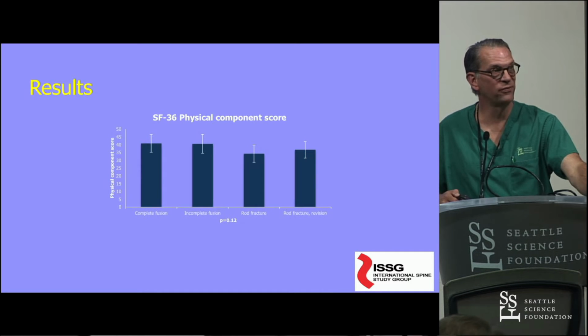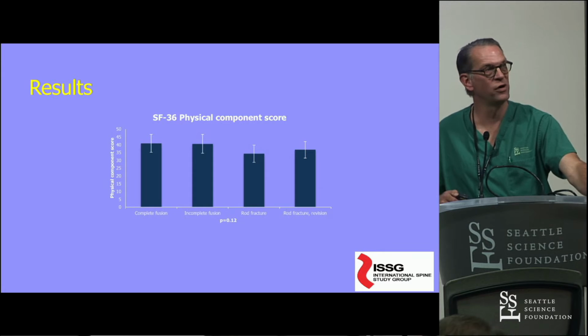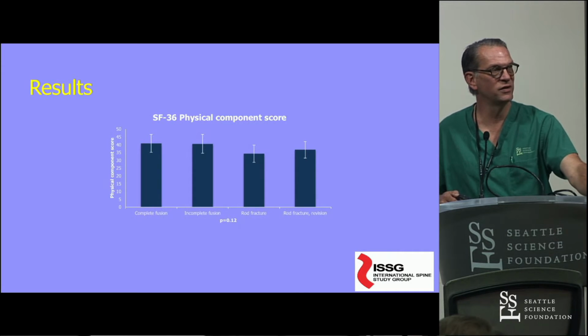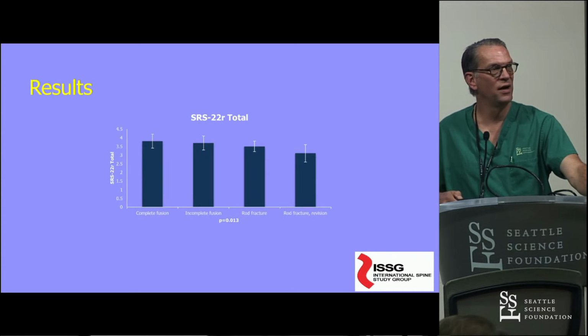Similarly with SF36, the margin of difference for statistical significance, or for minimally clinically important difference, is much lower for the SF36 physical scale than for ODI. These did have some of the same patterns of statistical significance, not quite reaching statistical significance, but a clear trend. And the SRS instrument, similarly, this is statistically significant.